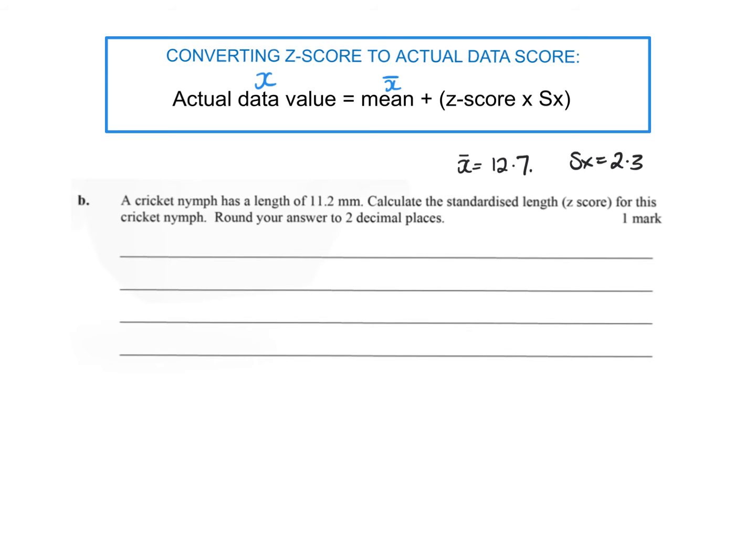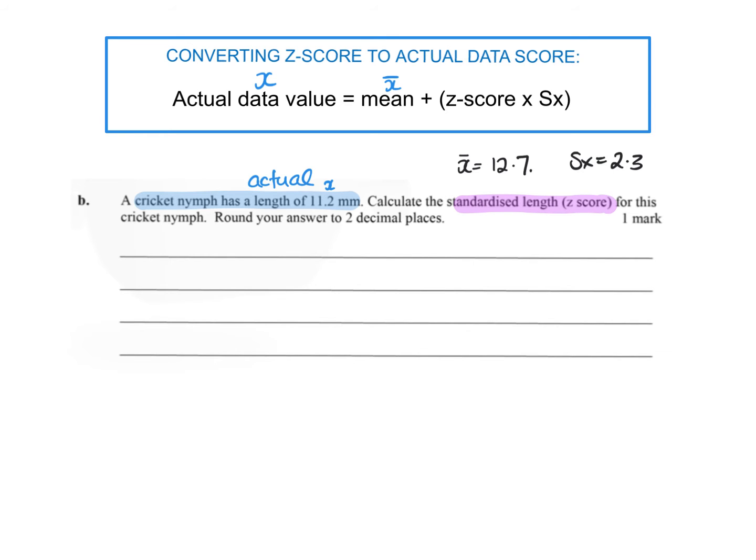So they told us that in this question, so now we can continue on. A cricket nymph has a length of 11.2. So what they just told me there was the actual. They're asking me to calculate the Z-score, the standardized length.